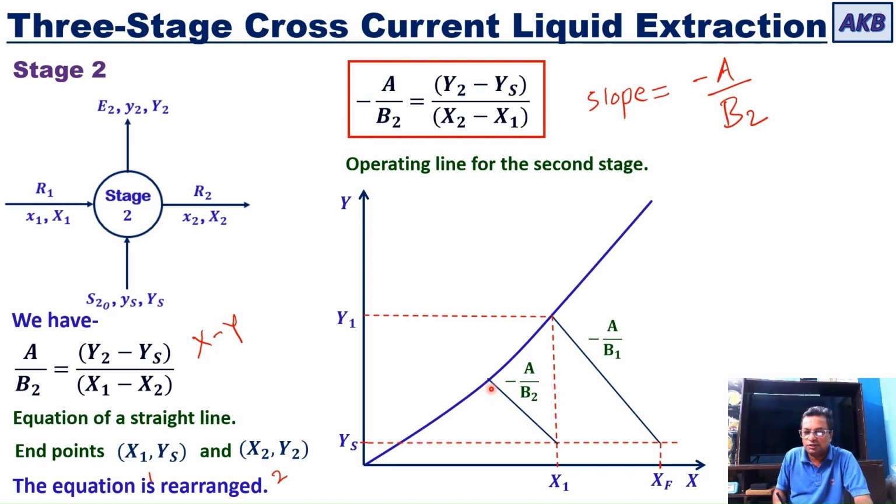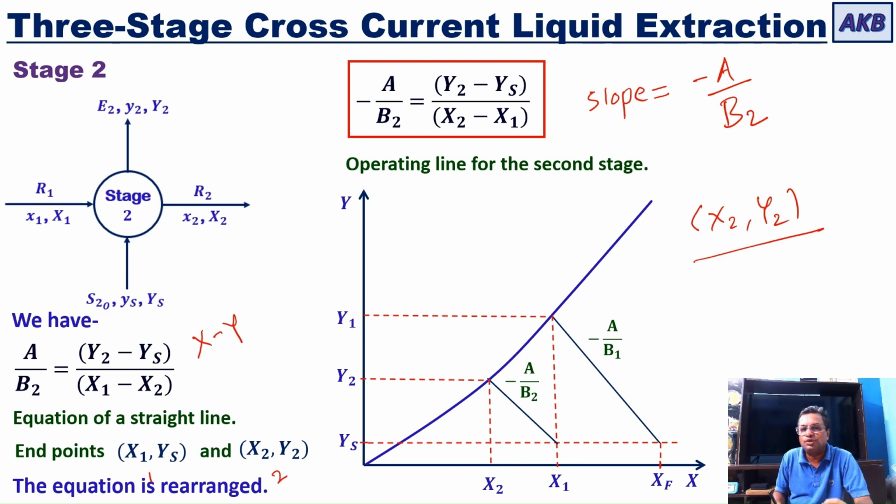So we get this point, and the coordinates of this point will give us x2 and capital Y2. So at the end of our calculations for stage 2, we have got values for x2 and y2. That completes our calculation for stage 2.